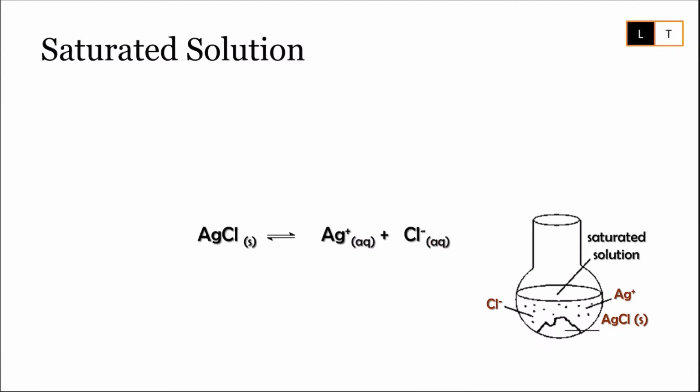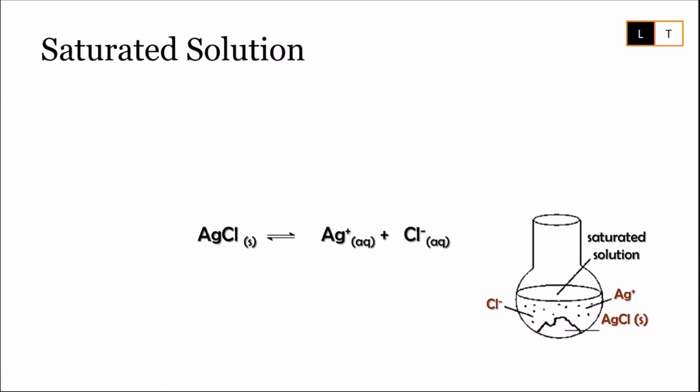So maknanya dalam satu container ataupun satu boiling tube, we have ion Cl-, ion Ag+ dan juga AgCl solid. So awak akan nampak ada solid macam serbuk dekat bawah solution dalam container awak. So solution yang mempunyai solid serbuk ni kita panggil sebagai saturated solution.